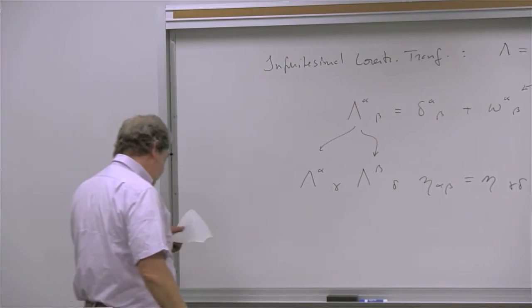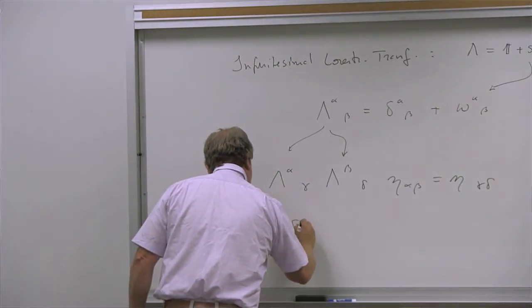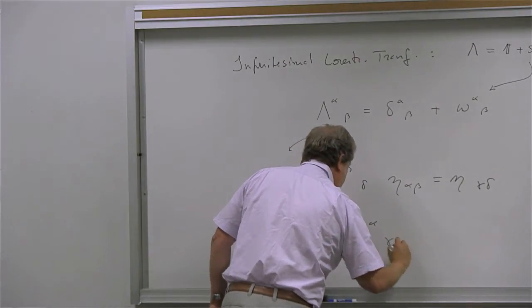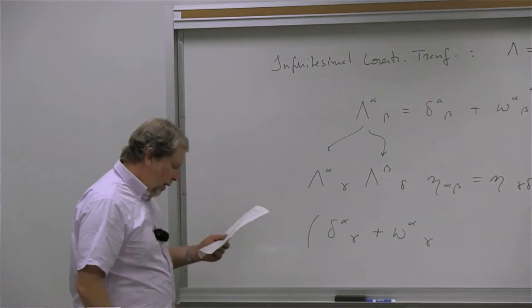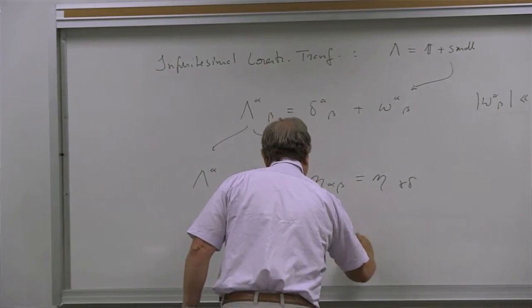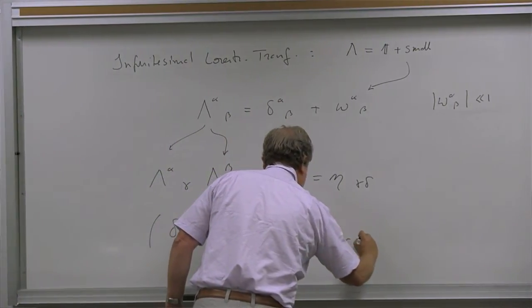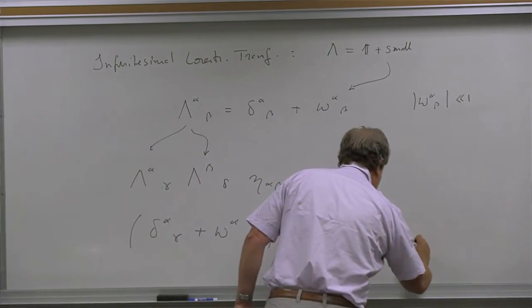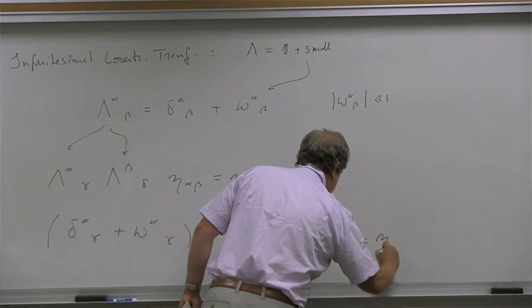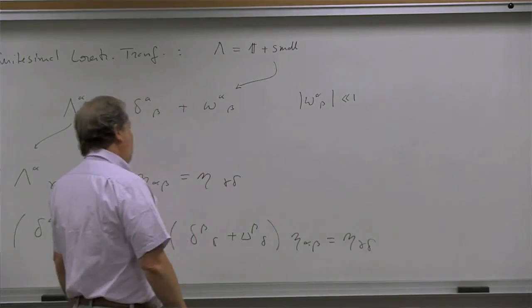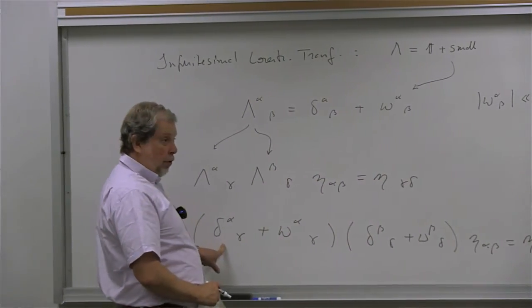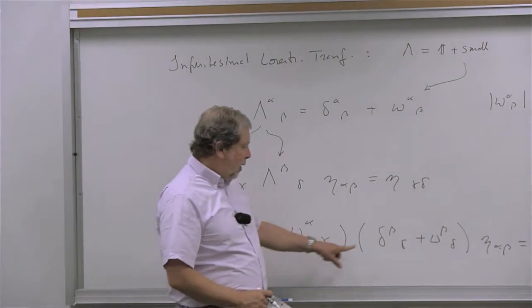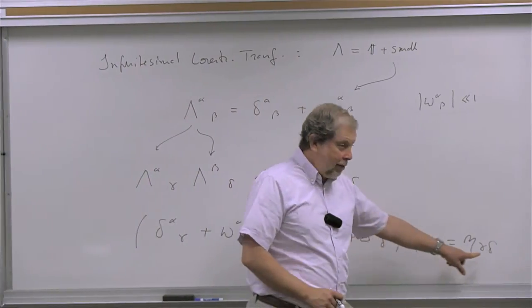And so we find that delta alpha gamma plus omega alpha gamma, just by substitution, times delta beta delta plus omega beta delta, and then multiplied by eta alpha beta is equal to eta gamma delta. Now, the first term, of course, is identically satisfied, because this Kronecker delta times that Kronecker delta times that eta gives this eta.